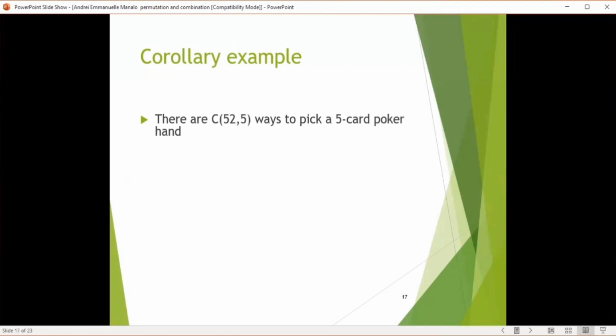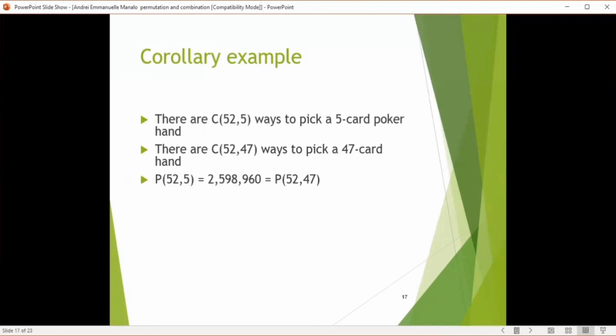Example: there are C(52, 5) ways to pick a 5-card poker hand. There are C(52, 47) ways to pick a 47-card hand. P(52, 5) equals 2,598,960 equals C(52, 47).